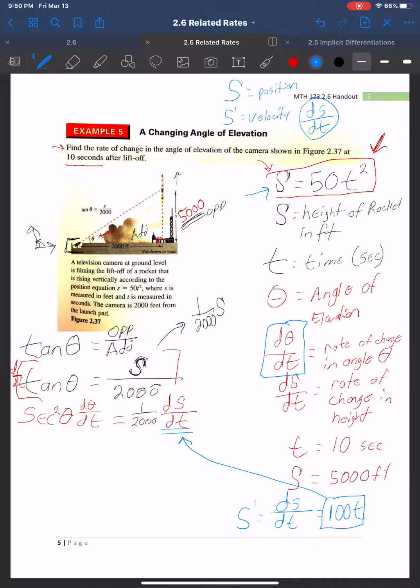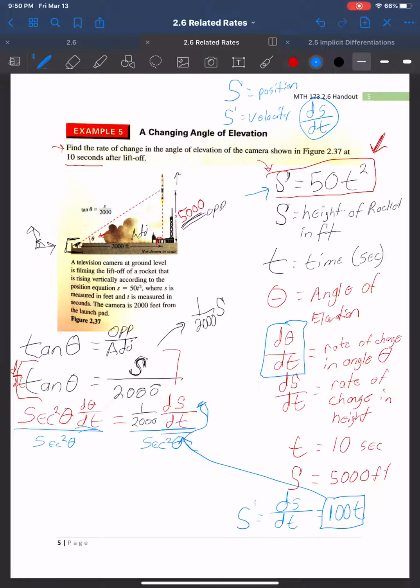So at this stage, I'm going to need to solve for d theta dt. In one swoop, I hope this is okay, I'm going to divide both sides by secant squared, and I'm going to plug in 100t for ds dt. Ready?